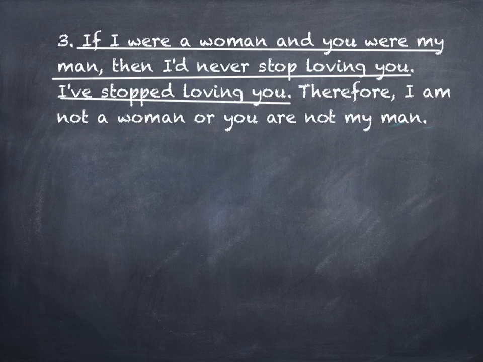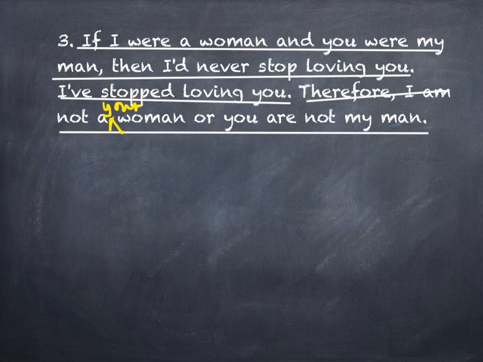So back from the last section, you actually see a line now with a result underneath it. The resulting statement then says, therefore, I am not your woman, or you are not my man. There is a typo there: it should say your, not a. Okay?